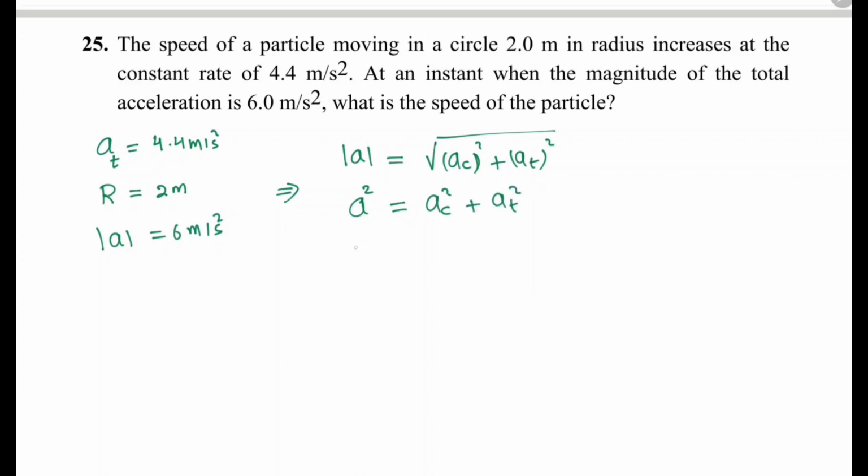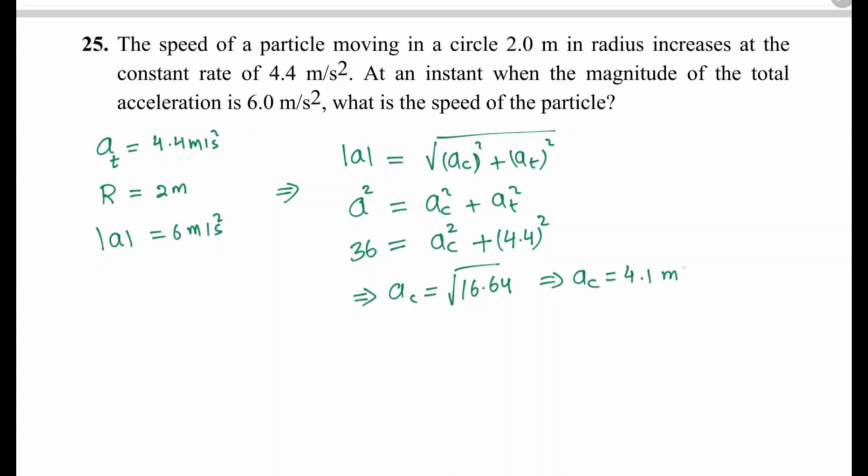Now this one is 36 equal to a central squared, which is unknown here, plus 4.4 squared. In other words, a central is equal to the square root of 16.64, or a central here is equal to 4.1 meters per second squared.